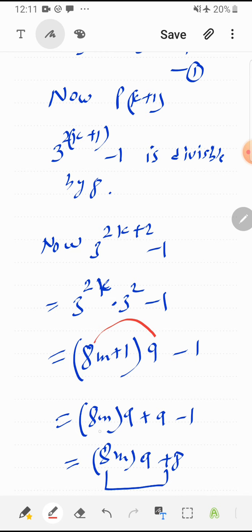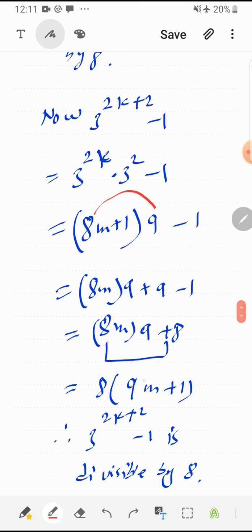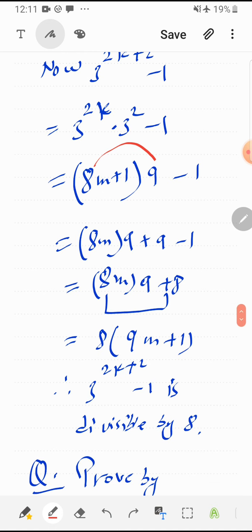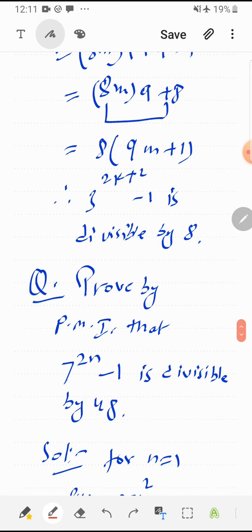So I am writing just 9 into 8m plus 9 into 1 is 9, so 9 minus 1 is 8. Now clearly I can take 8 common, and overall I have written 8 into this number, and as m is a natural number, this whole bracket represents a natural number. So we have shown that this expression is 8 into a natural number, that is why it is divisible by 8.